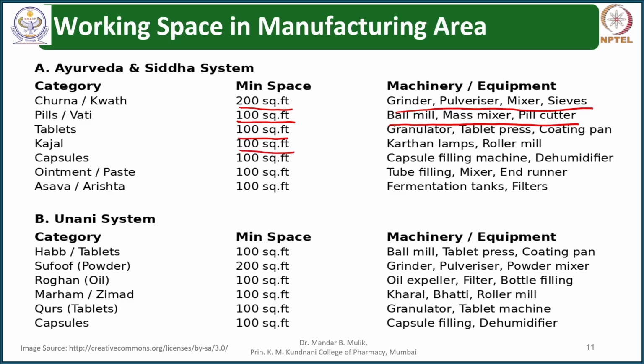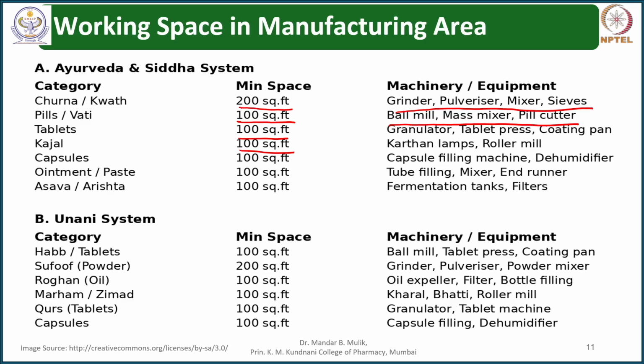Kajal or anjan preparation cannot be produced in the same premises where tablets or pills are formed. A simple reason behind that is that kajal is a colored preparation. It requires soot, and whenever soot is formed, it can be transferred from one location to another and can contaminate other formulations.